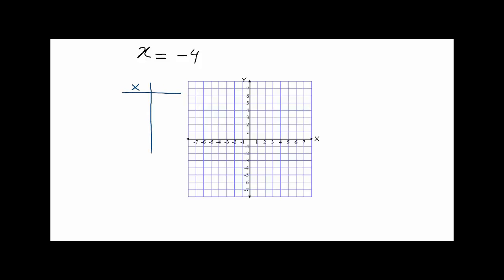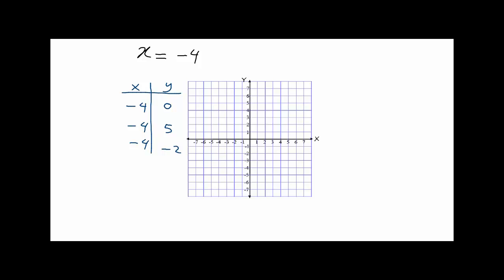This means that x is always negative 4, whatever value you choose for y. So if y is equal to 0, x is going to be negative 4. If y is equal to 5, x is going to be negative 4. If you choose y as negative 2, x is going to be negative 4.